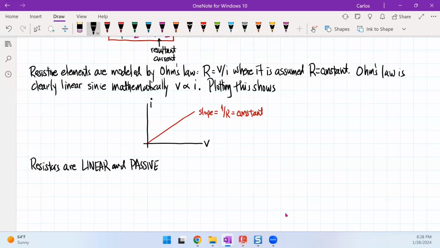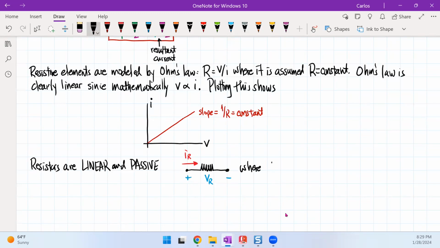So then our sign convention is that if I have a resistor and I have some voltage drop, then the current has to enter the positive terminal.